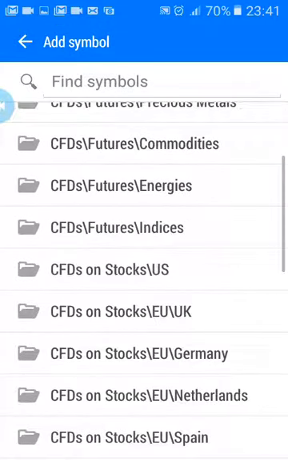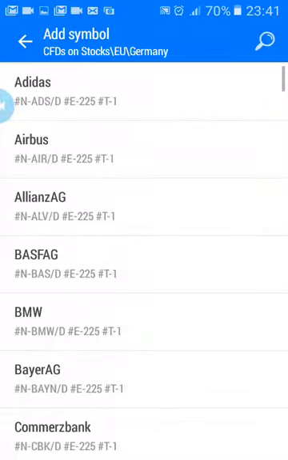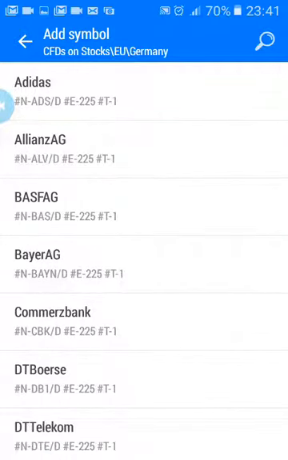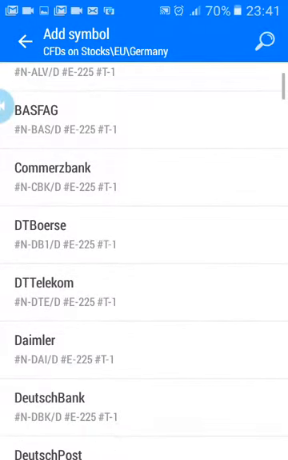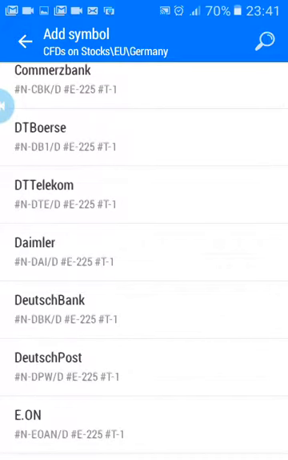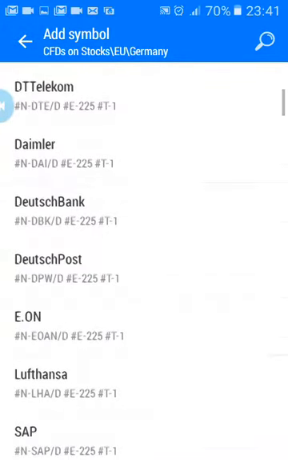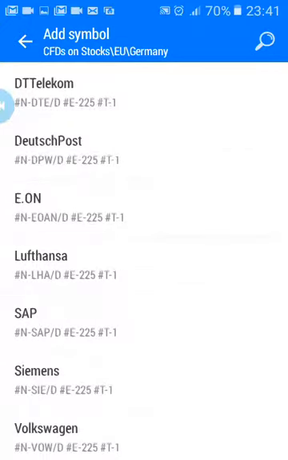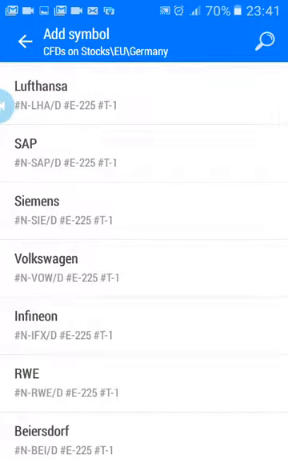Let's move to the German stocks also. Here you will find a lot of cars. This Airbus. We have BMW. We have Bayer AG. And we have Daimler. Okay, let me take that one also. Yes, Deutsche Bank also. But you know, the German stocks are mostly incredible when it comes to cars.